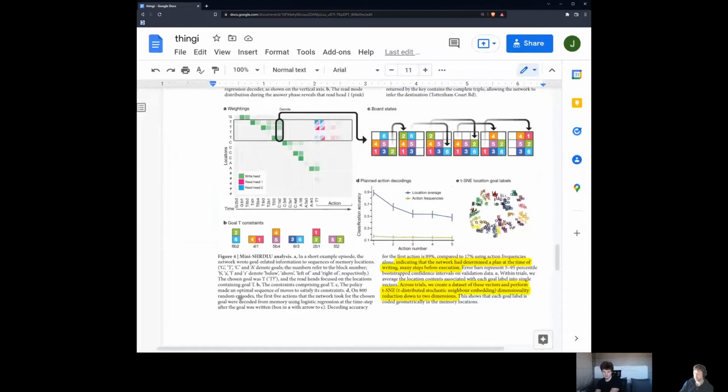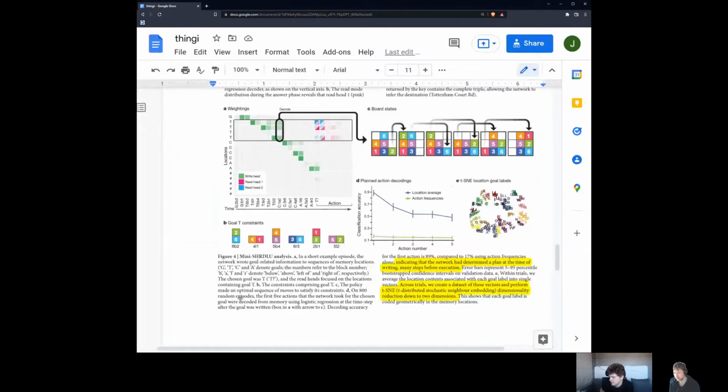So, but what does this specifically mean? The decoding accuracy for the first action is 89% compared to 17% using action frequencies alone. So the second part is confusing, right? Compared to action frequencies.